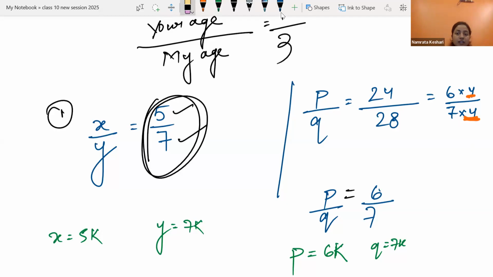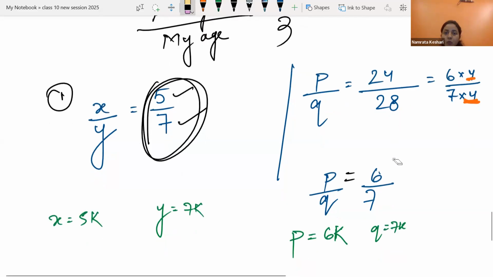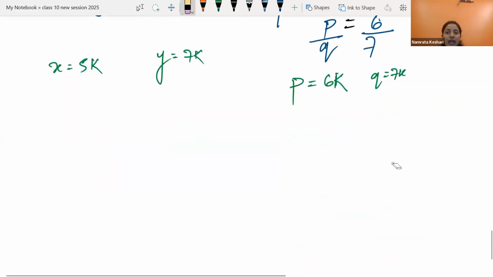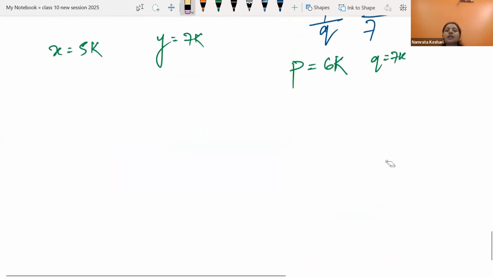So from now onward, whenever we separate any ratio, even in an age-based question or any question, the best way to deal with a ratio is to always separate it by taking the same variable, the way I have taken 6k and 7k here.